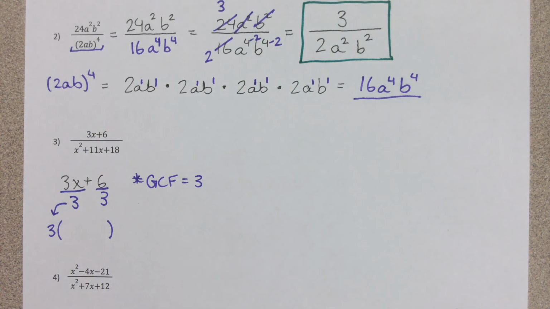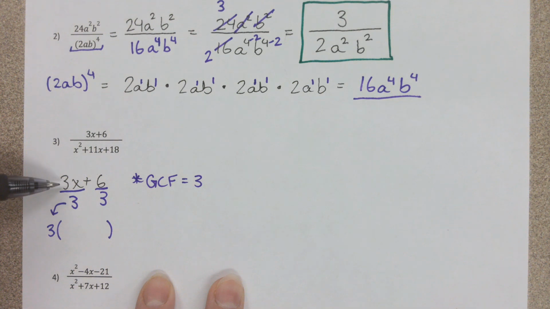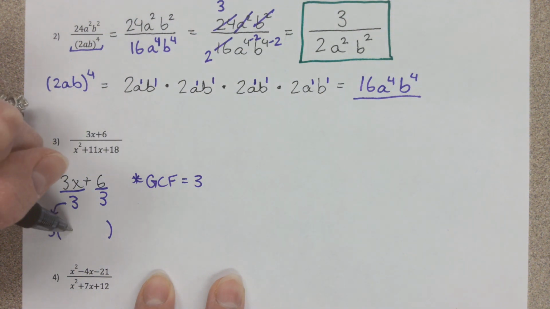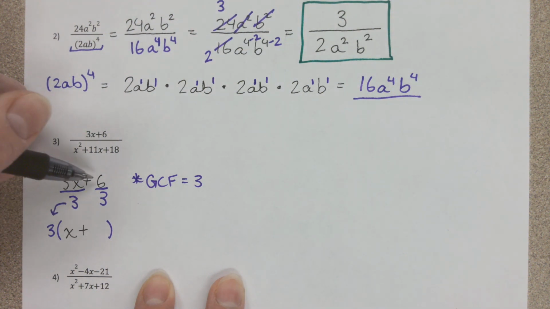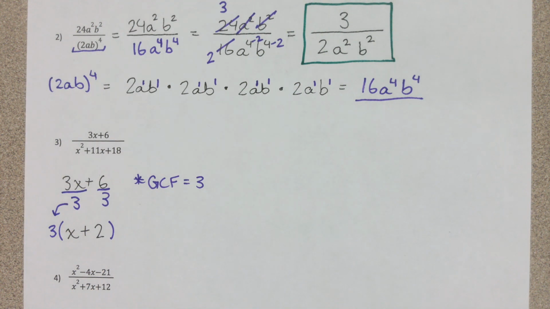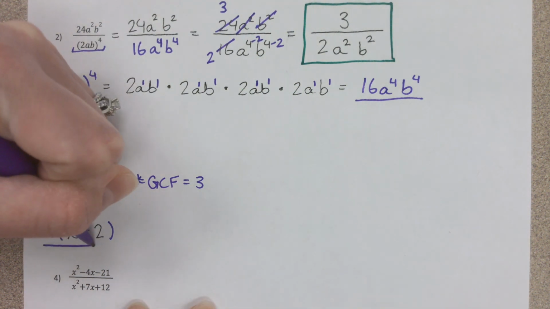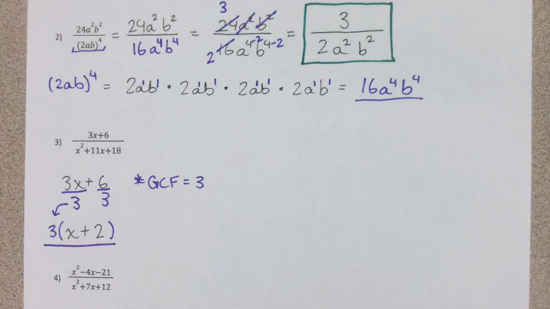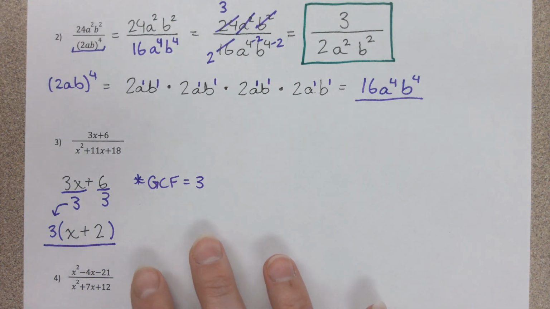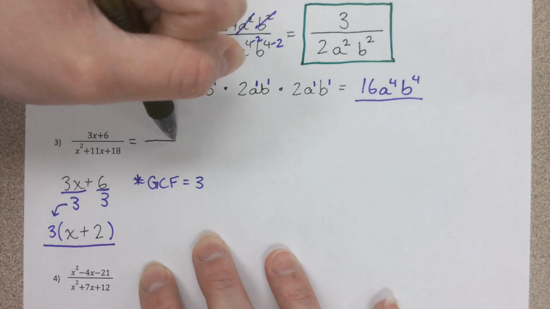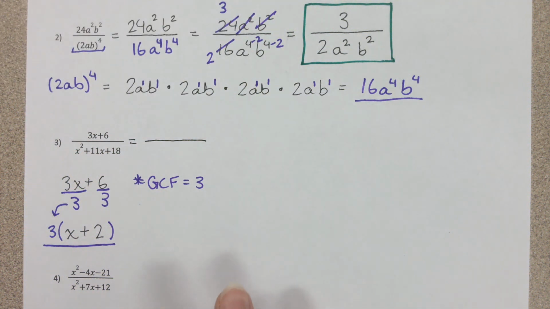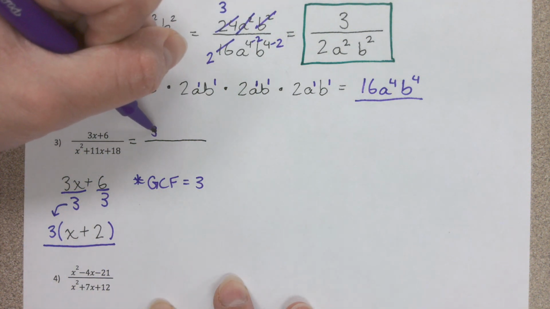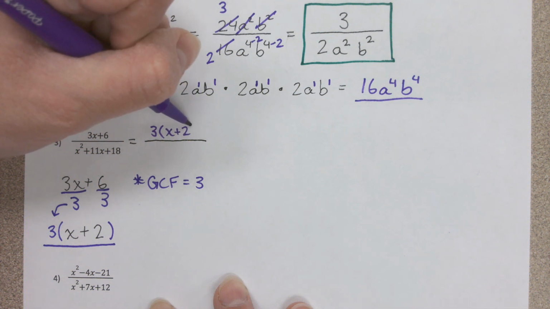And then what's left over after the division, that's what I put in the parentheses. 3 over 3, those will cancel, and I'll have x plus 6 divided by 3 is 2. So in the original problem up here, on the top it was 3x plus 6. Now I know it's actually 3 times x plus 2. So I'll replace it.